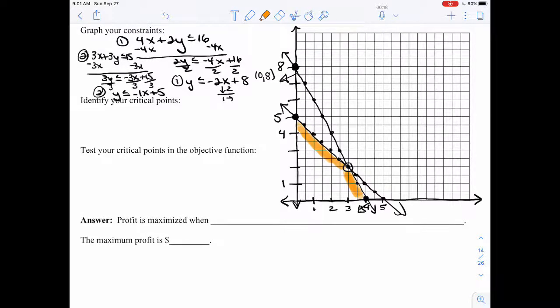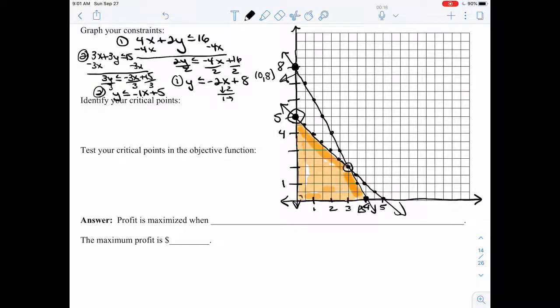I need to be above the vertical line, x greater than or equal to 0, and I need to be above y equals 0 because y needs to be greater than or equal to 0, our real life constraints. This is our feasible region. Notice I do not have those triangles shaded. The feasible region needs to satisfy both.